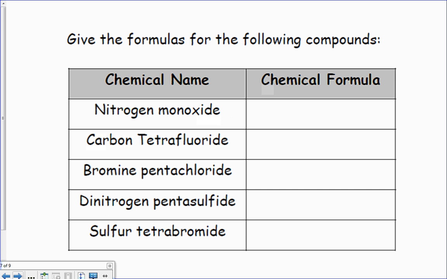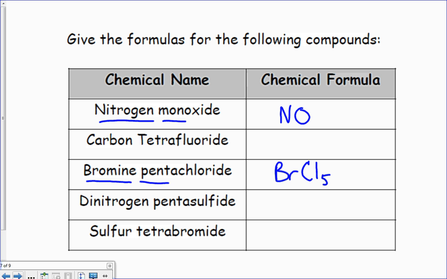Now we got to go backwards. So we go forwards, we got to be able to go backwards. One nitrogen, N, one oxygen, O, NO. Down here, bromine, 1 Br, pentachloride, which is 5 chlorines. Okay.